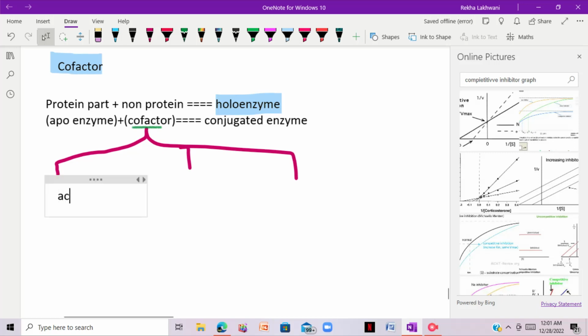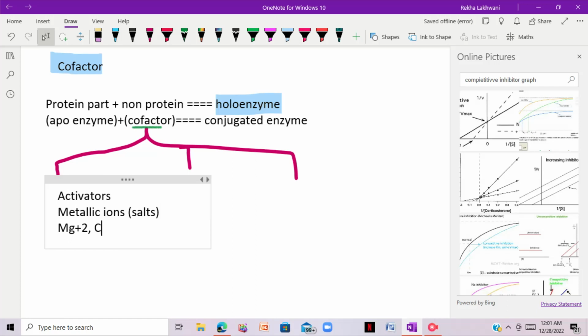These include, for example, magnesium plus 2 and calcium plus 2. So these are the metallic ions which are used as activators as cofactors. These activators are detachable.